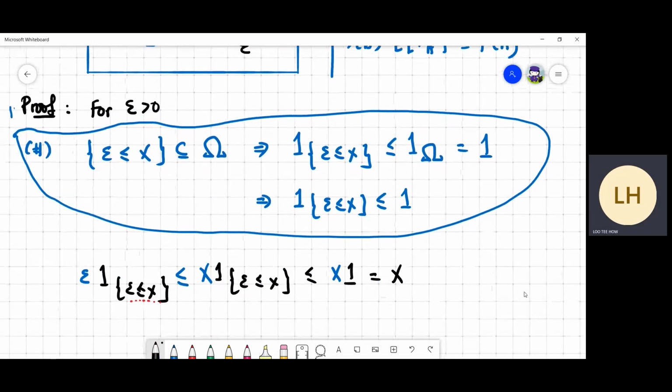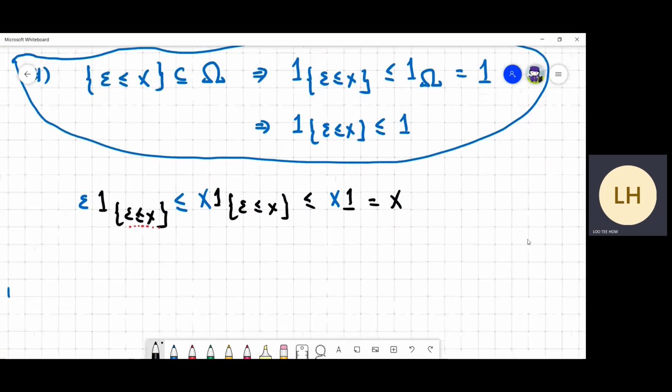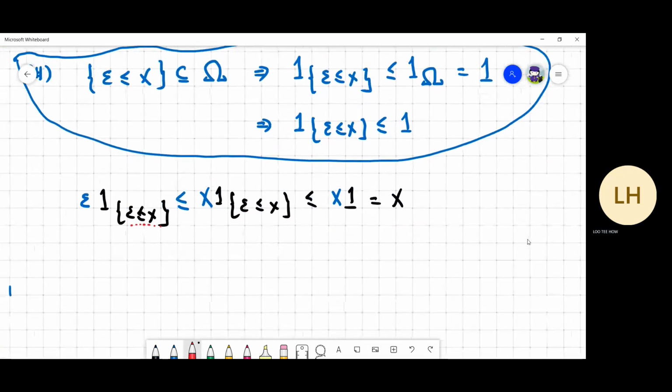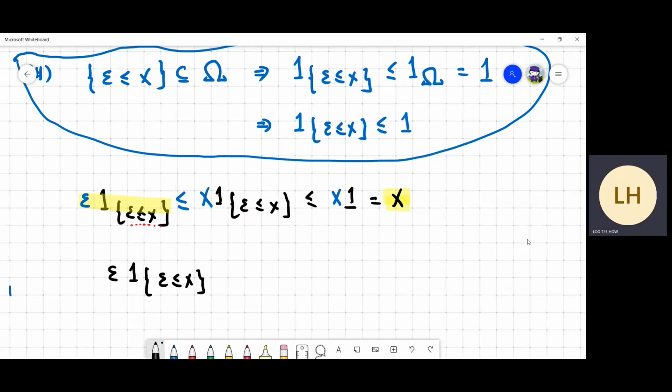Next, we just need to consider the first term and the last term. So let's put it here. Then from here, we have epsilon times the indicator of X greater or equal to epsilon is less or equal to X. So we have this inequality.